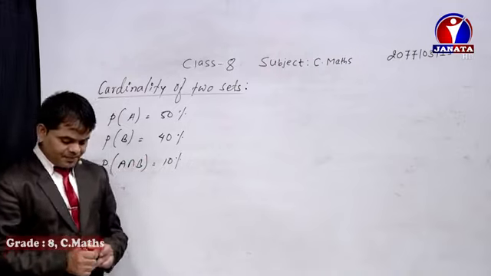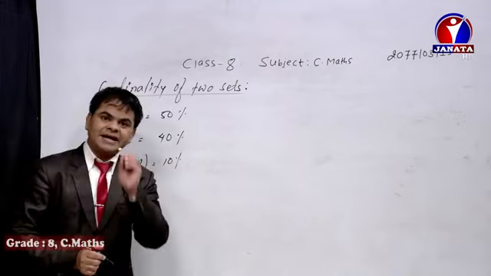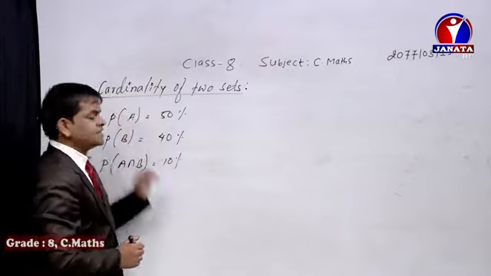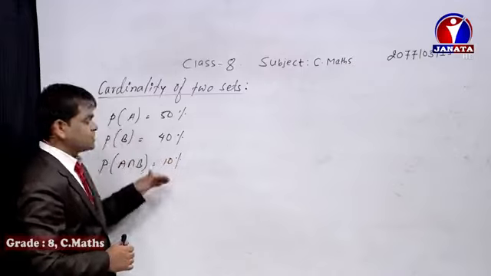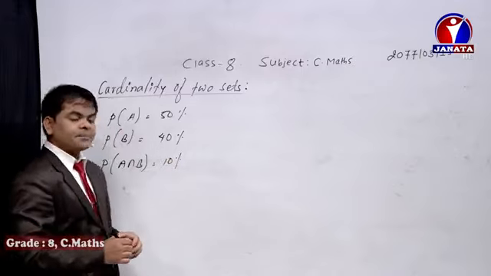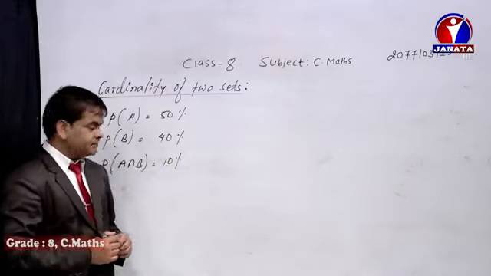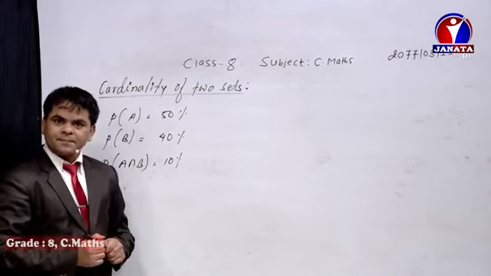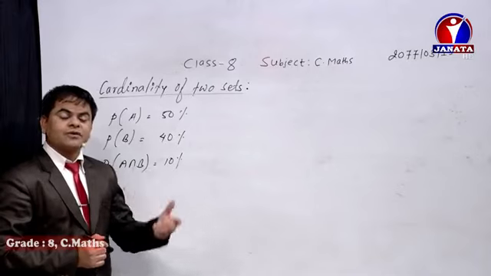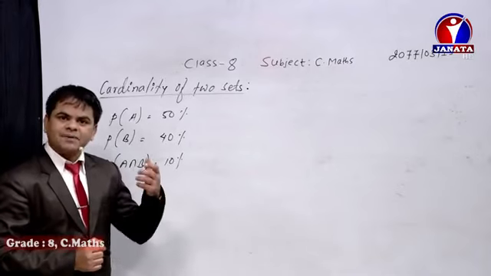First of all, before preparing a Venn diagram, dear students, I would like to request you to write this question. I have not written the question, so be ready to write it. Are you ready? Okay.